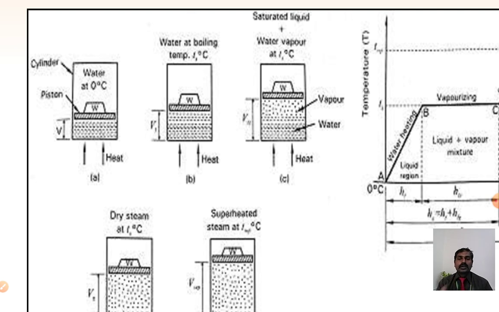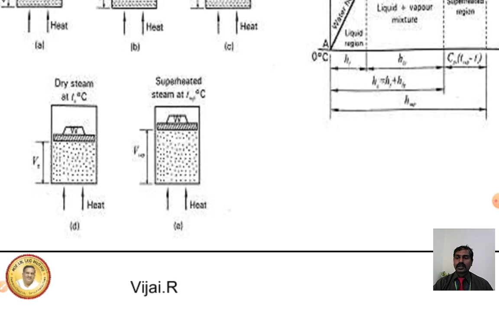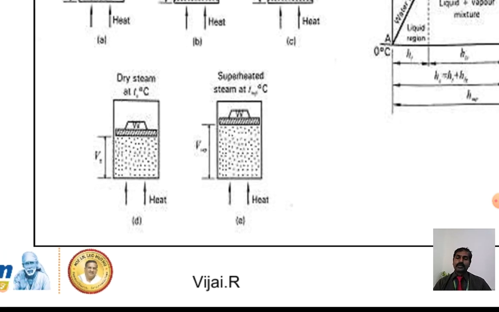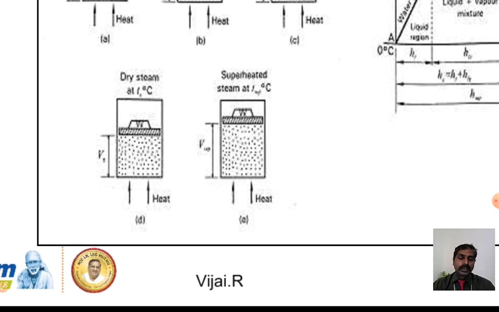A change of phase takes place from water to vapor, but not completely all at once. Little by little the water is converted, and at one stage it becomes totally vapor, sorry, steam, that is, water particles as vapor.